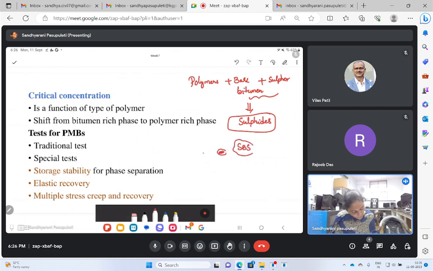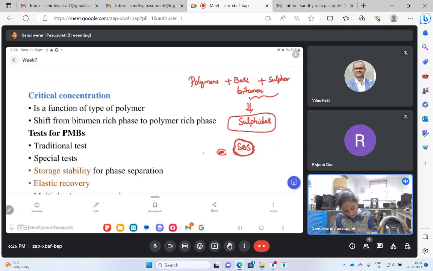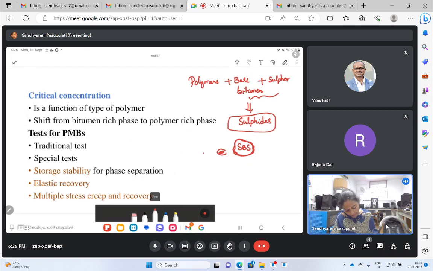Around this polymer, the polysulfides form a cover kind of structure, so it will not affect the dispersing stability of the asphaltenes. So sometimes it is required to use the cross-linking agent so that it will not disturb the stability of the base bitumen.